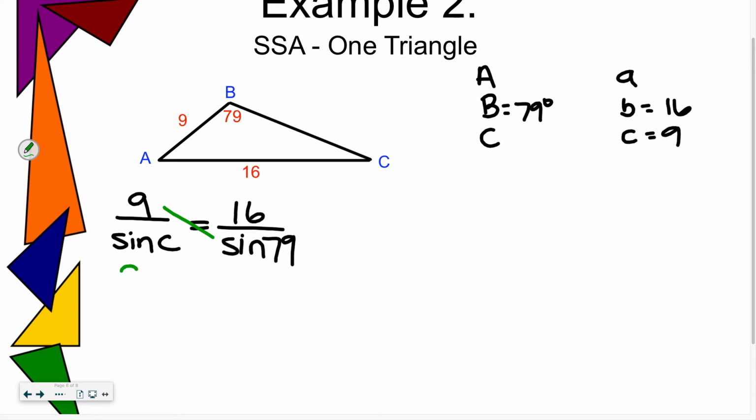We'll get 9 times the sine of 79 equals 16 times the sine of C.